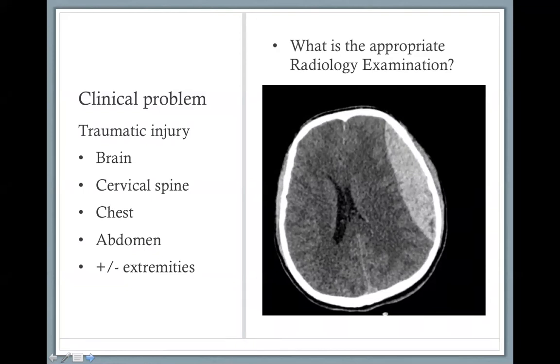What do you see? So what is this? Yeah, it's a hematoma. And where is it? Epidural, exactly. So epidural hematoma means that it is between the skull and the dura.